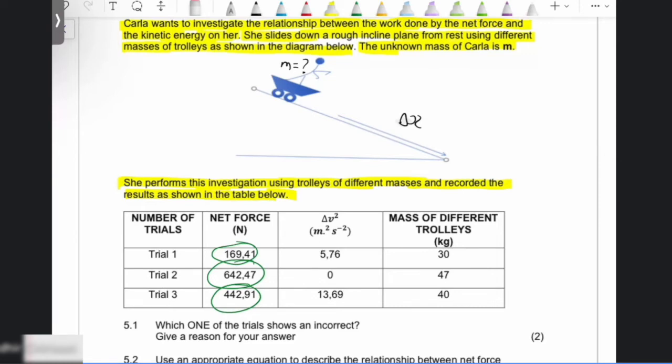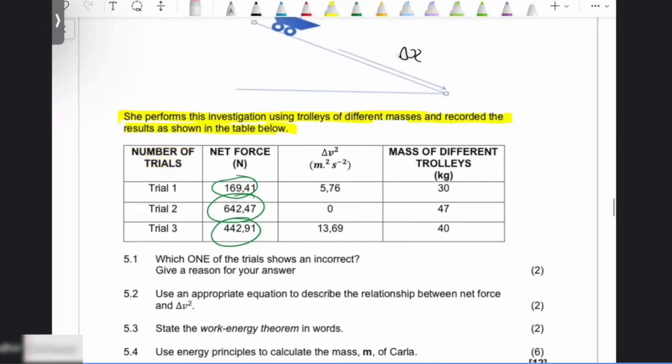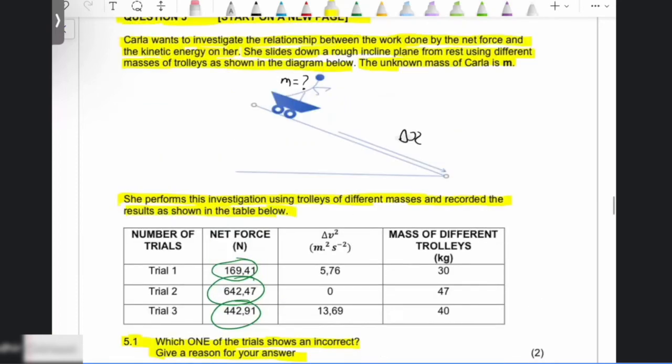Okay, now let's get into this here. It says which one of the trials shows an incorrect reading, or which one of the trials is incorrect. I'm not sure what they wanted, but give a reason for your answer. So which one of these trials is probably going to be nonsense? The trial that would probably be nonsense is this second trial, because we can't have a change in velocity.